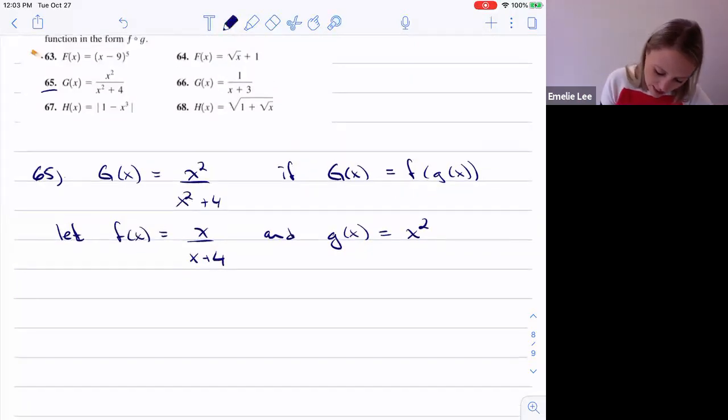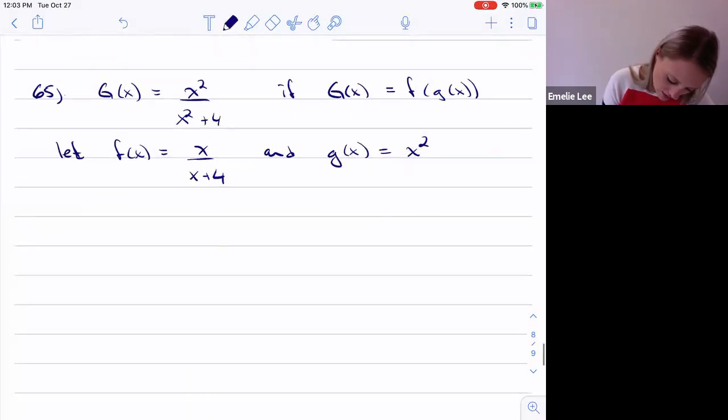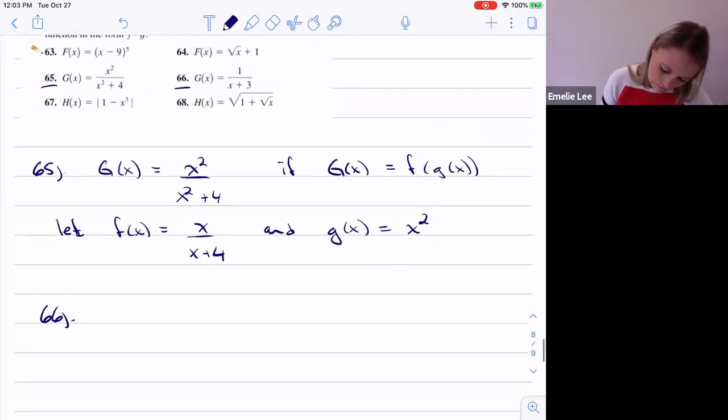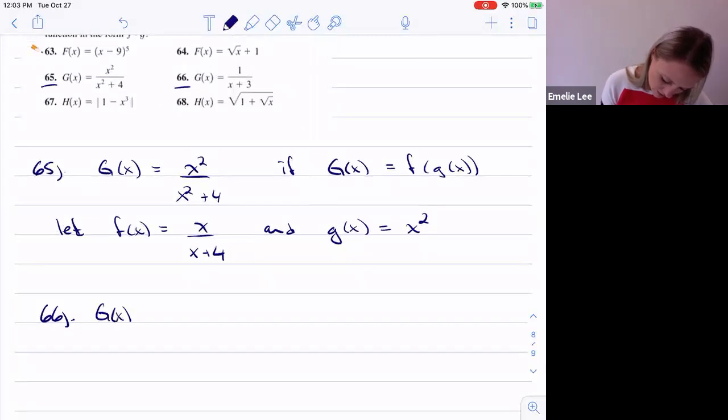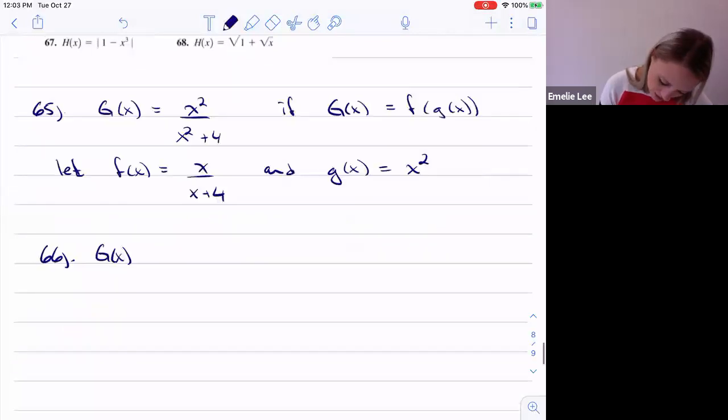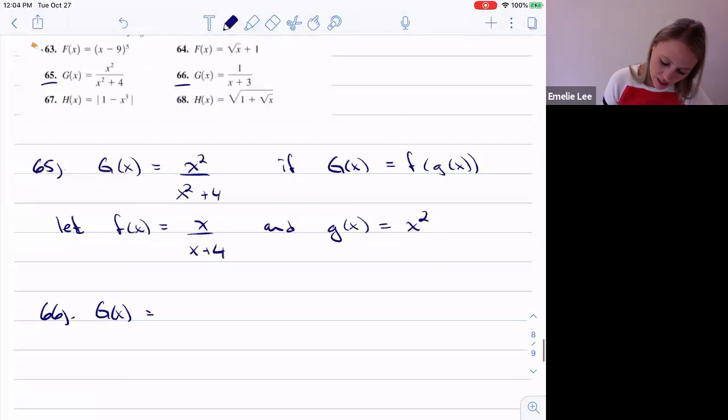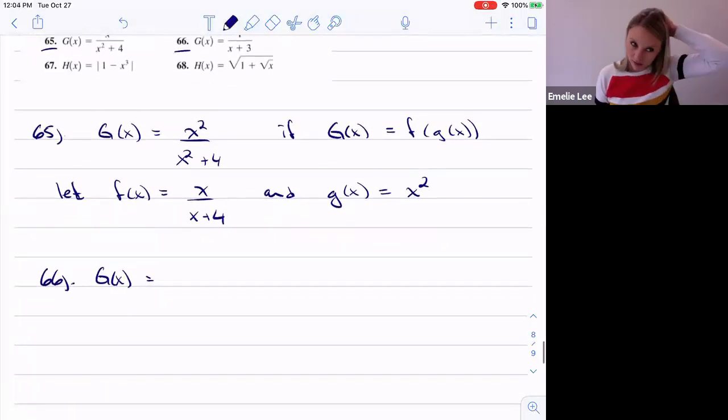Even something like, what if we had 66? I would probably resist the temptation of just letting g of x be x, right? We want to challenge ourselves a little bit. And also that doesn't really help me much later on in math when I have to do substitutions.